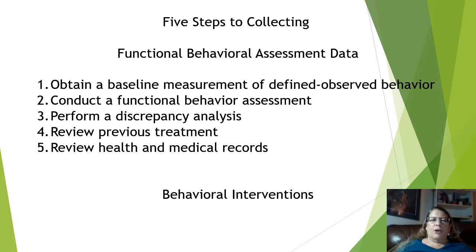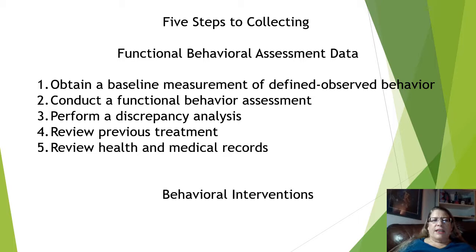So the very first part is your baseline measurements that define the observed behavior. You're actually conducting a functional behavioral assessment, meaning that you've decided what kind of things you're going to do to precipitate the behavior, and you're going to decide whether or not these are problems by doing number 3, which is performing a discrepancy analysis.